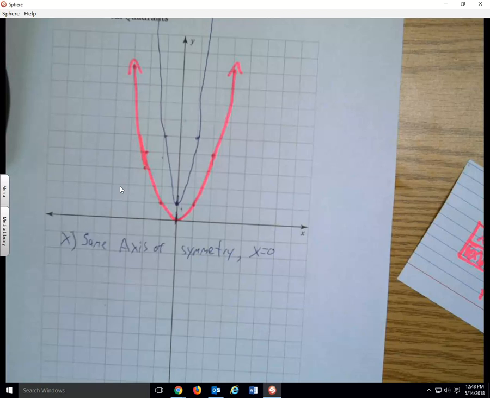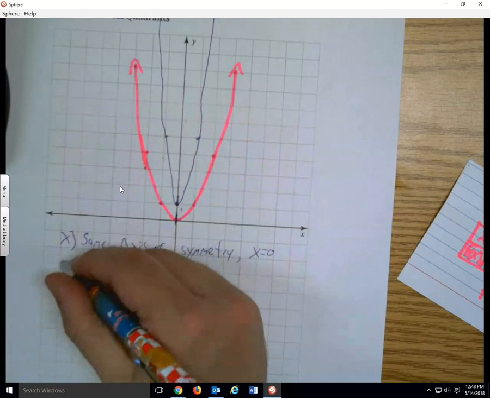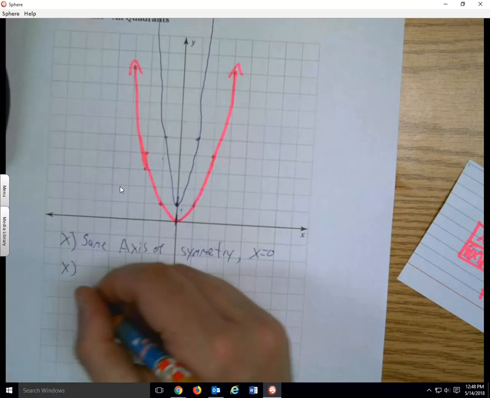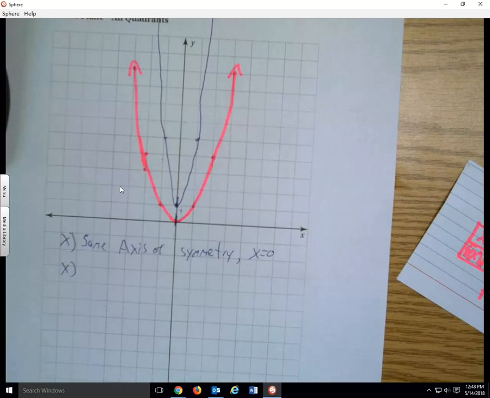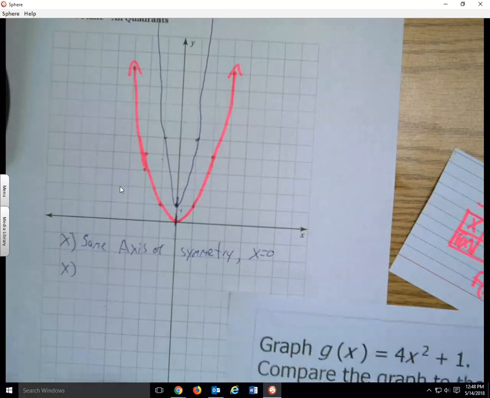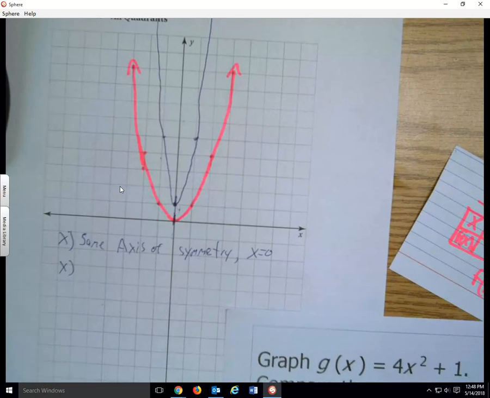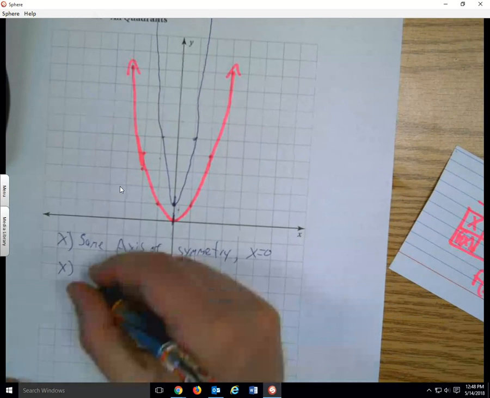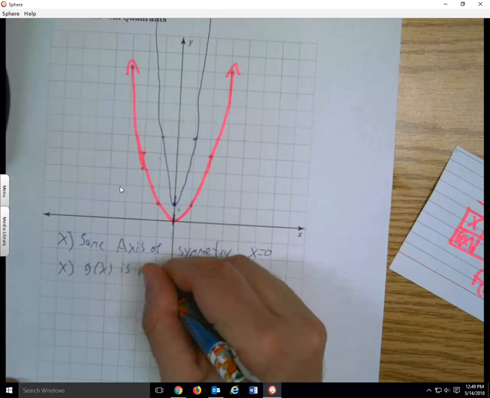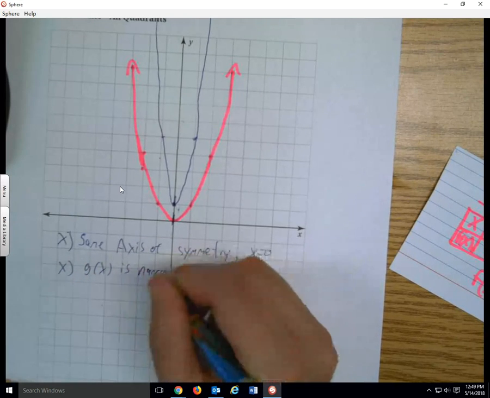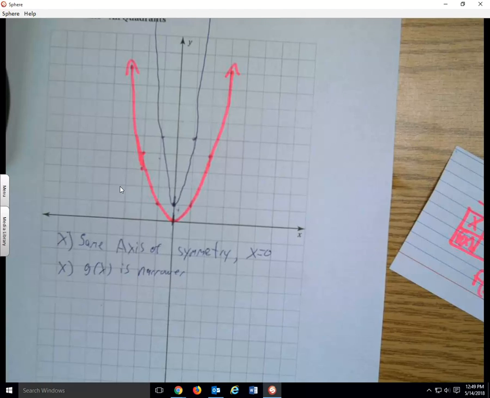Well, I would say the new graph is much narrower. So the new graph is narrower. What do we call this new graph? We're calling it g of x. So I'll say g of x is narrower. What about its vertex?